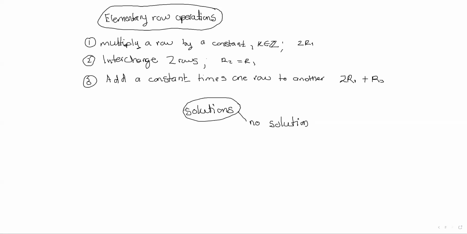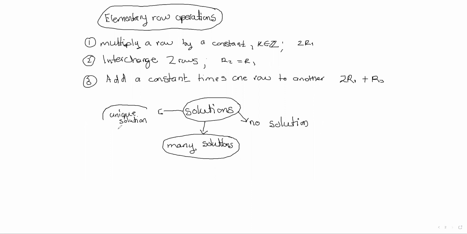Or you might have a unique solution or one solution. Or you might have many solutions, or infinitely many solutions. So these are the only three possibilities. There's no other possibility. I'll show you examples of each of these.